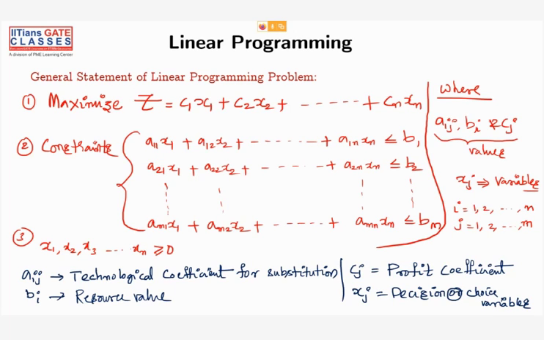I also gave you some general statements: this is your objective function, this is your constraint, and this is your non-negative constraint. I've clearly mentioned what the a_ij values, the x_j values, and the c_j values are. c_j is the profit coefficient, x_j is the decision variable or choice variable, a_ij is the technological coefficient for substitution, and b_i is the resource value.